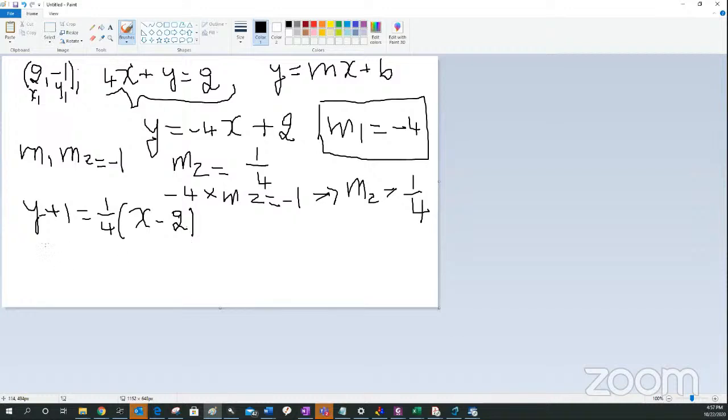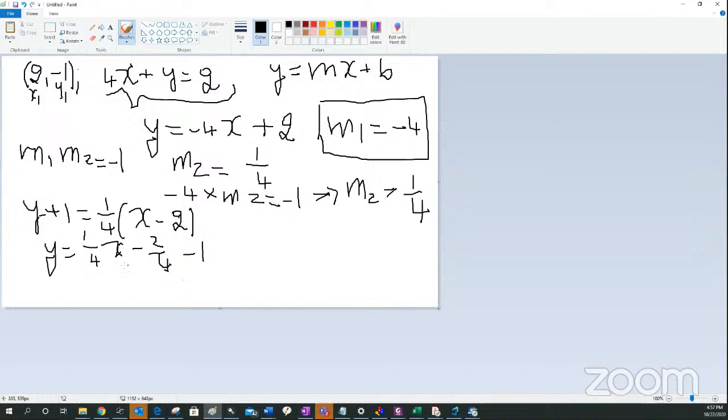Then we get y equal to 1 over 4 x minus 2 over 4. Then you have 1 here, so minus 1.